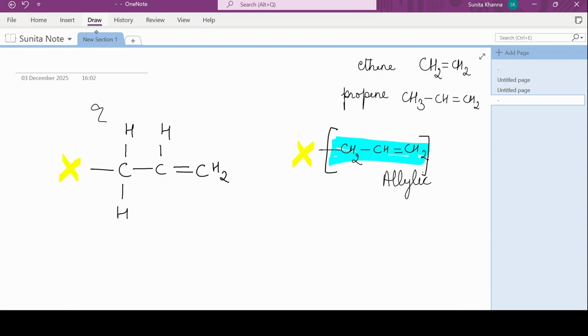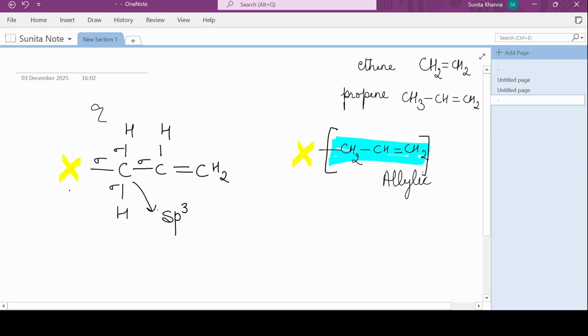Now, single bonds: sigma, sigma, sigma, and sigma. So 4 sigma bonds means an sp3 hybridized carbon atom. So this is an allylic halide in which the halogen is attached to an sp3 hybridized carbon atom.